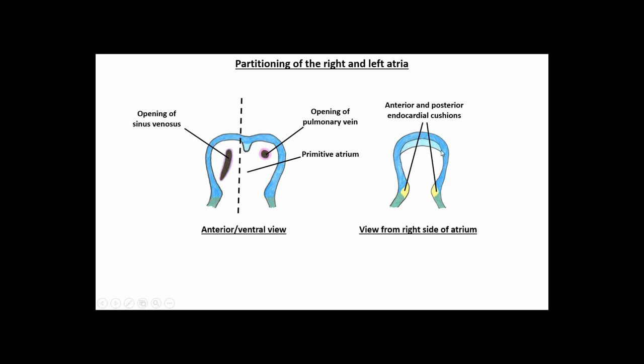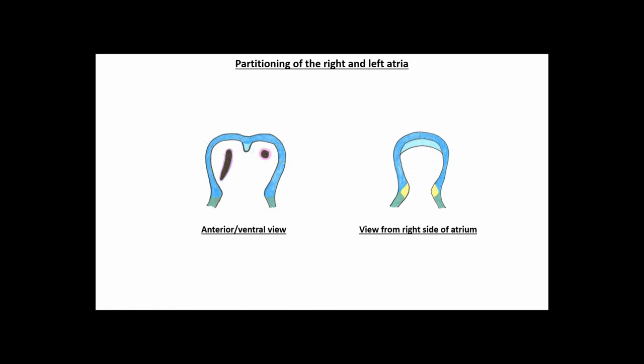Looking at it from the side view, it's forming a little sickle-shaped structure right here. And in most texts, what's going to be shown is that this grows inferiorly. It kind of stretches downward to seal off the left and the right side of the primitive atrium. What's really happening, however, is that it's kind of formed a sticking point. And it's sticking there even as blood flow enters both the sinus venosus and the pulmonary veins. And the atria at this point are going to enlarge by ballooning out. And they're just going to get larger and larger, and they're going to balloon outward.